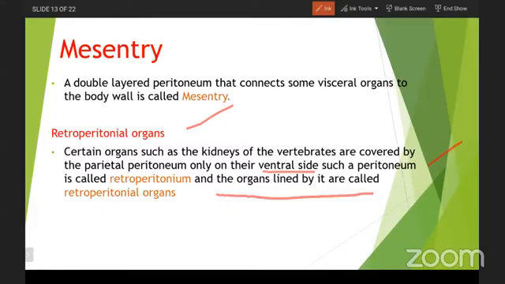Two types of peritoneums are there: parietal peritoneum and visceral peritoneum. But in certain organisms like vertebrates, the kidneys are covered with only parietal peritoneum on their ventral side. Such peritoneum is called retroperitoneum, and the organs lined by it are called retroperitoneal organs.